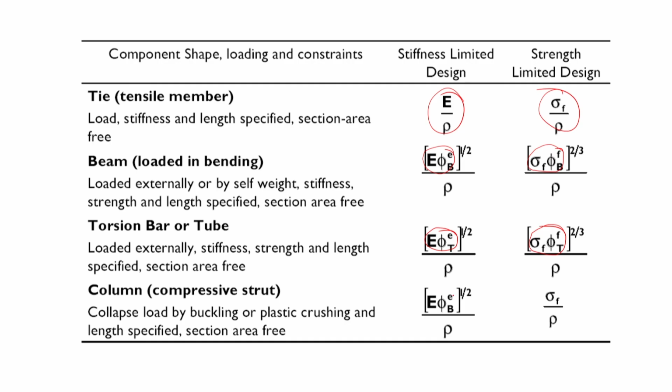For a column it is again very similar, square root of phi b E times E over rho, but for a column the strength limited design does not depend on the distribution of the cross section.